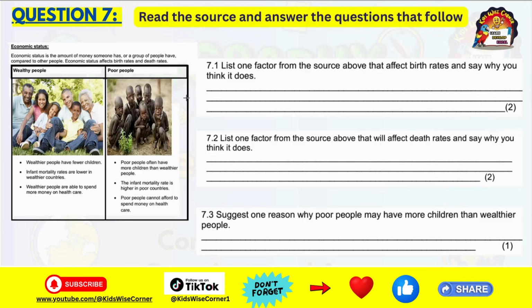Therefore, it affects the birth rate. Wealthier people have fewer children. And why do you think they have fewer children? Because children are expensive to raise.